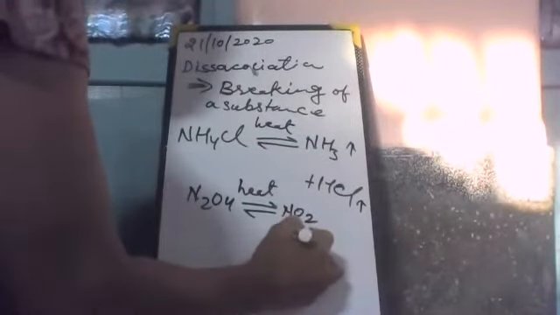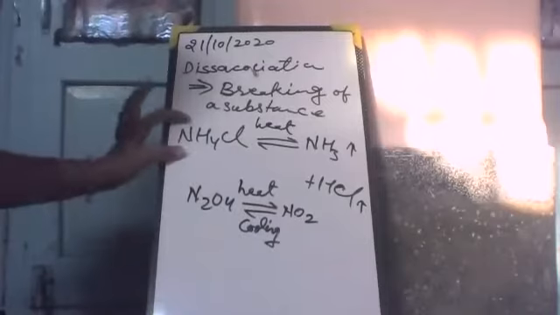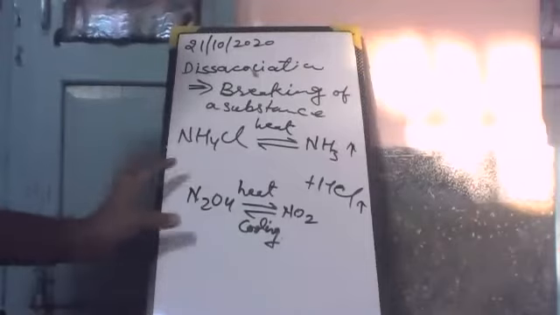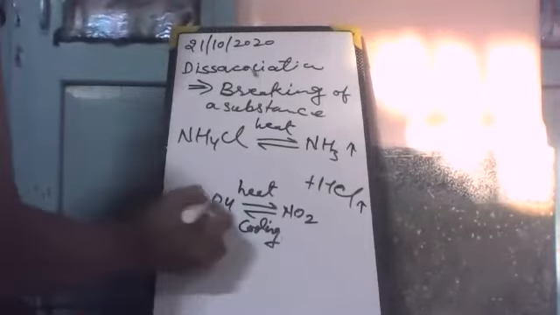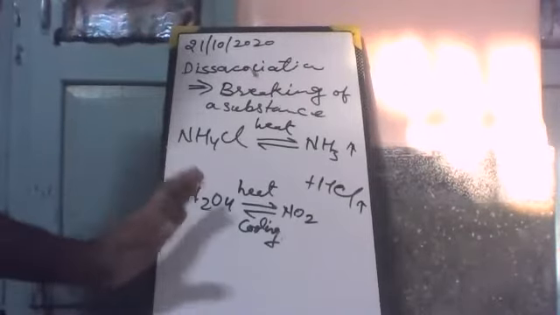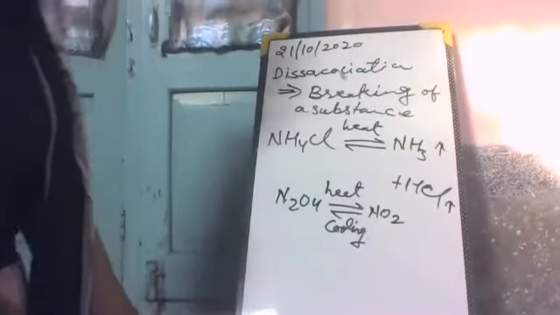On cooling, this nitrogen dioxide again changes into nitrogen tetraoxide. This is all about the reversible reaction and thermal dissociation. Dissociation is the breaking down of a compound. On cooling, they will go back to the reactant. So these types of reactions are known as dissociation, thermal dissociation, reversible reaction.